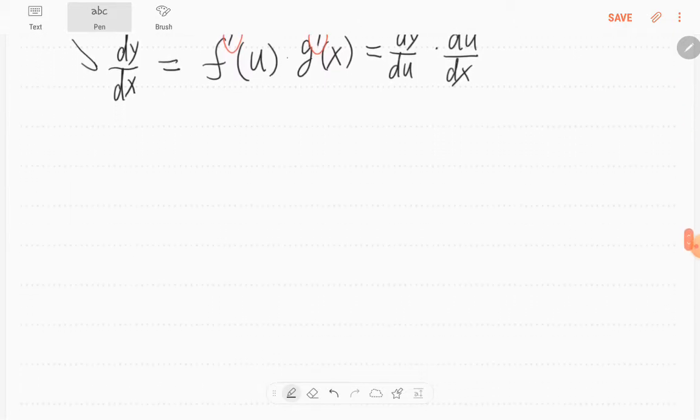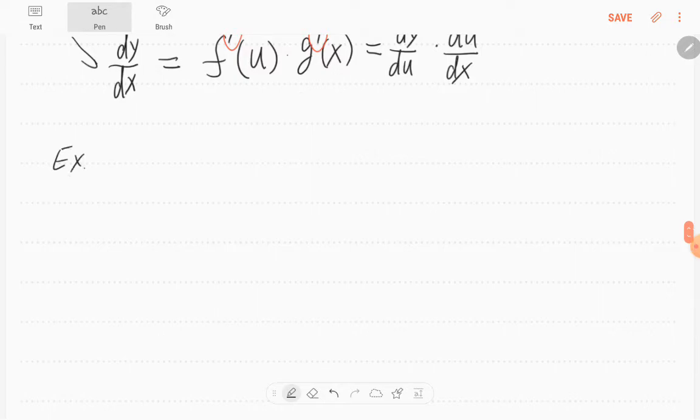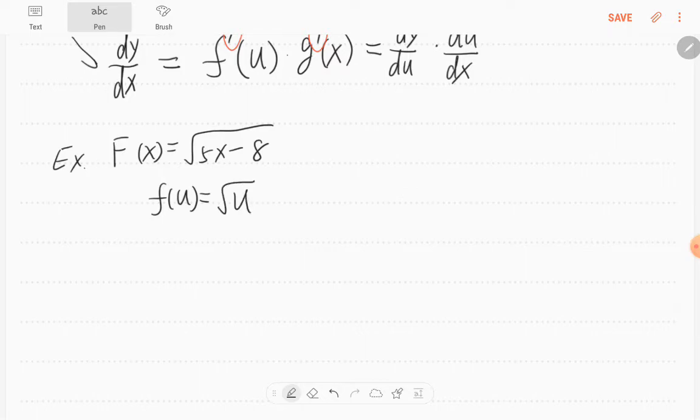So now let's go back to our function. We use different notations, so I don't want to use the lowercase f, to avoid confusing you. So we use capital F, which is the square root of 5x minus 8. Let f of u equal the square root of u, and u equals g of x, which is 5x minus 8.